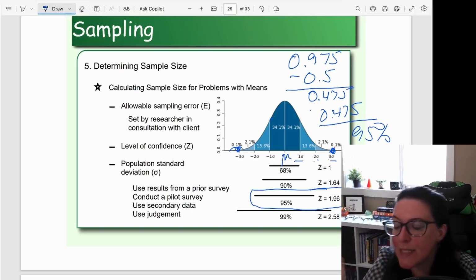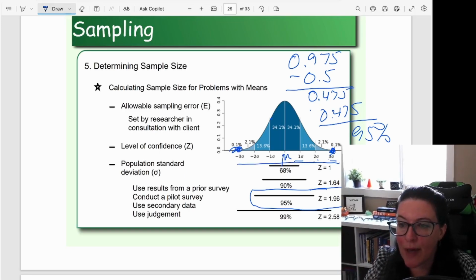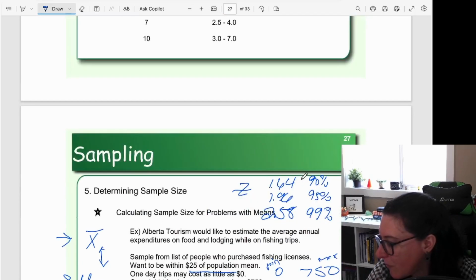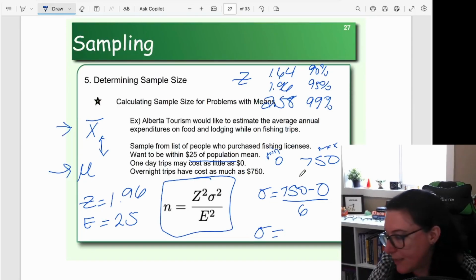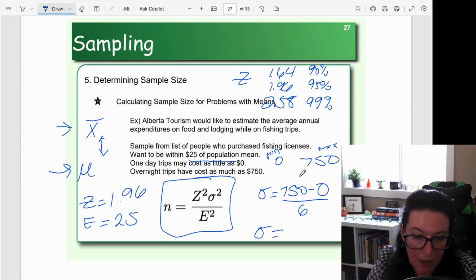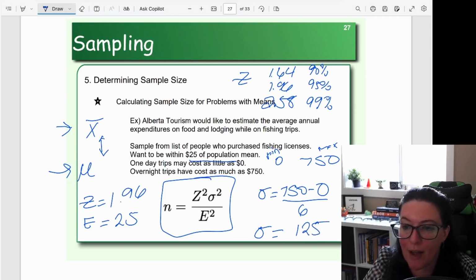Which means I can take my maximum, subtract my minimum, get this distance here, and then divide it by 6. That will estimate my standard deviation, our sigma. So 750 minus 0 is 750. 750 divided by 6, we get a sigma of 125.